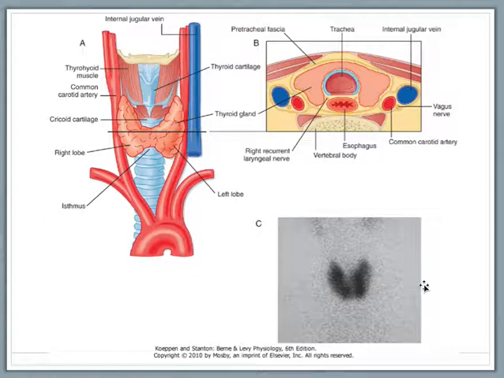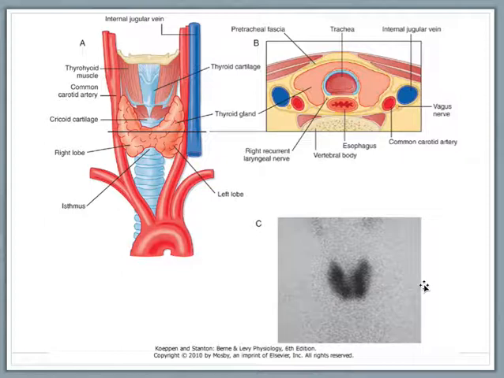And we'll see in this lecture that the thyroid is really the only thing in the body that has a good use for iodine. So we can actually do some targeted therapies using activated iodine, radioactive iodine, but more importantly, we can visualize it in a scan.